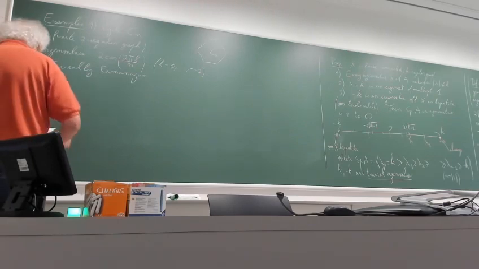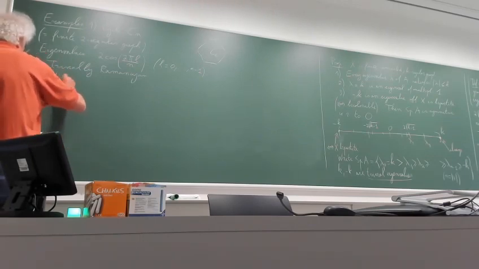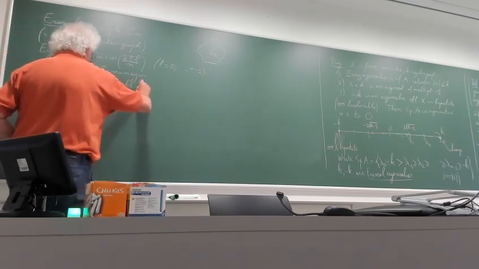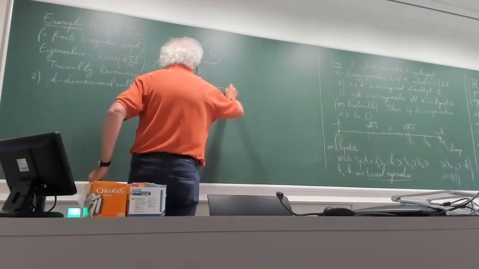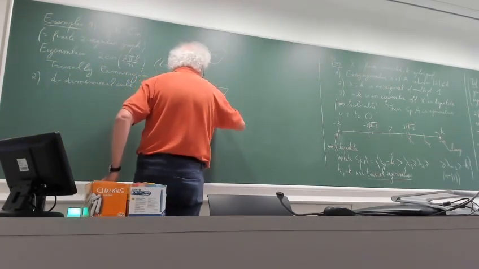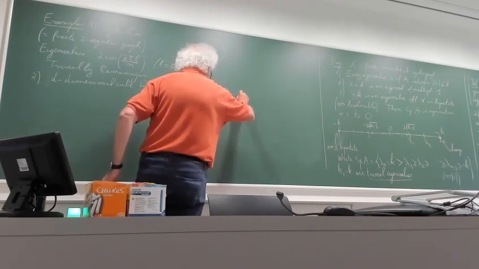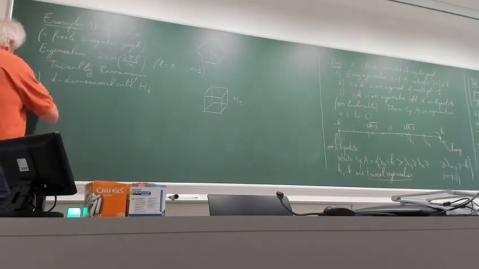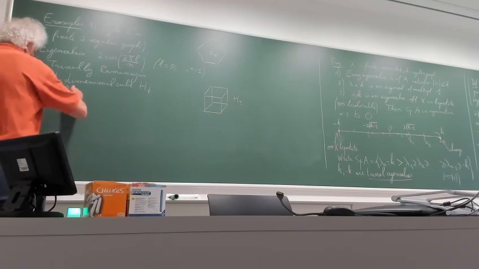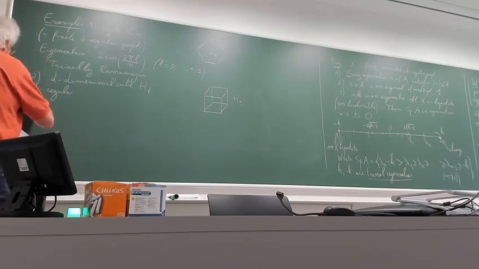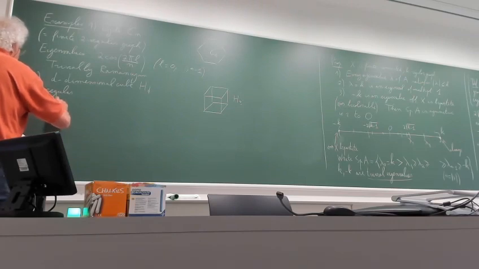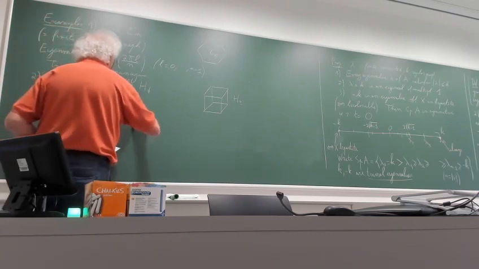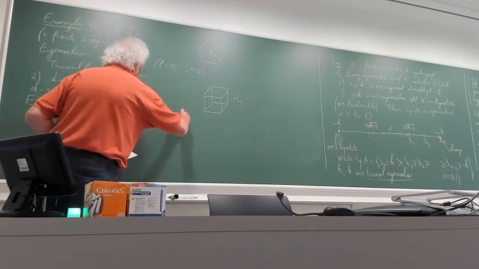Okay. Let me now switch to the d-dimensional cube, H_d. So this one is d-regular. And the eigenvalues are d, d minus 2, d minus 4, all the way down to minus d.